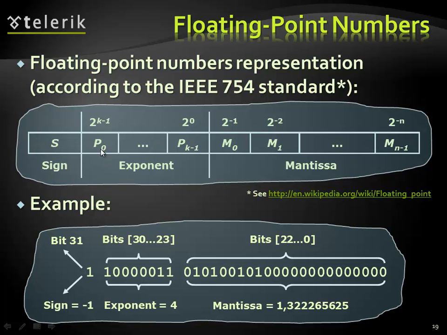Since we represent this number in binary format, we take 2 to the power of something, and these bits represent what this power is. I'm going to show a more detailed example in a minute. Then there's the part called the fraction, which geeks like to call the mantissa, which is the other part of the number.